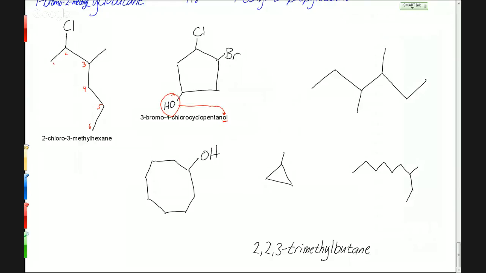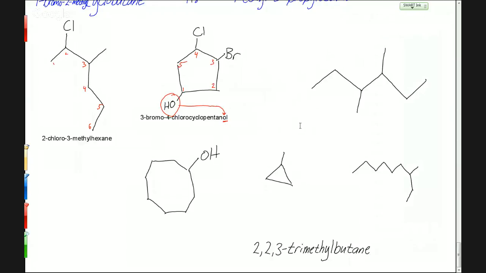So we don't get to put the 1 over by the Cl or the Br, which would actually be better for our numbers, but we put it here. So we'd go 1, 2, 3, 4, 5. That's where that name comes from. Don't worry about that too much. We're probably not going to get to that this semester, but that is how it works.